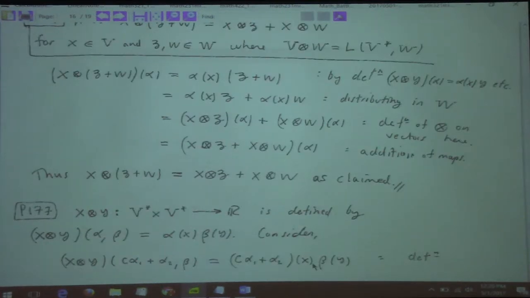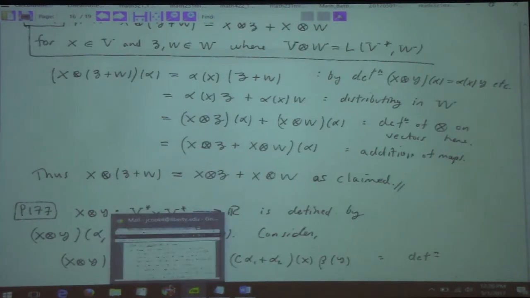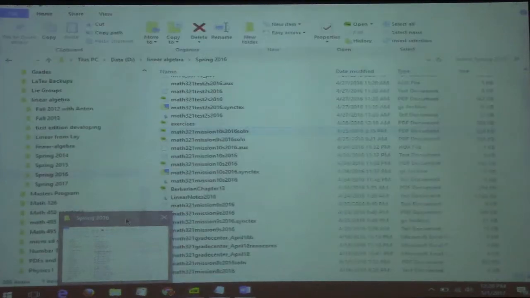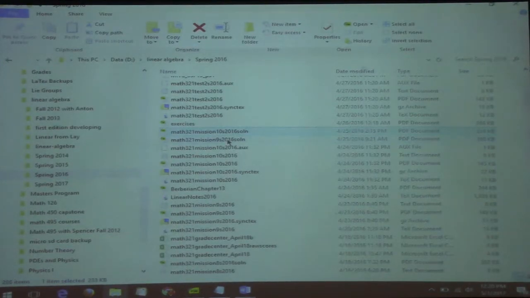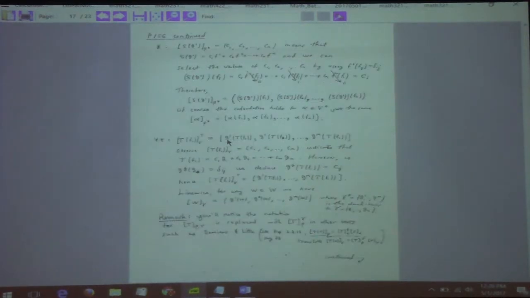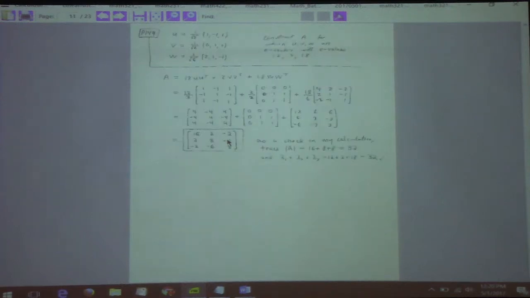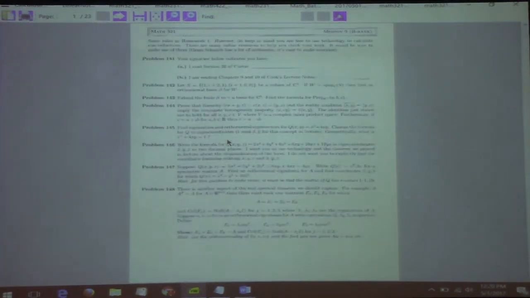All right, let me put this away here. But is n symmetric? So this one was that problem. Problem 145 I assigned you guys, didn't I?